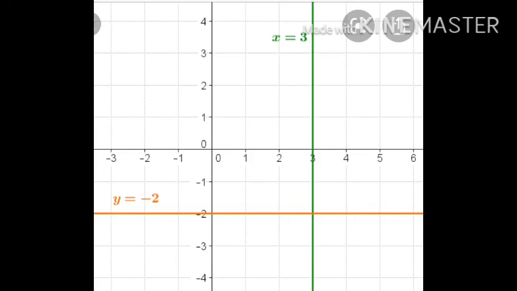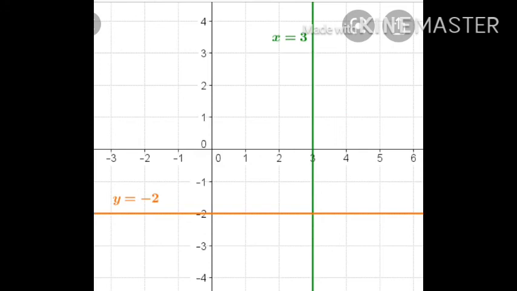The coordinates of a point are (+, +) in the first quadrant, (-, +) in the second quadrant, (-, -) in the third quadrant, and (+, -) in the fourth quadrant, where plus denotes a positive real number and minus denotes a negative real number.